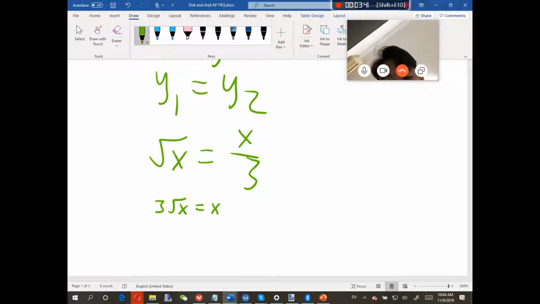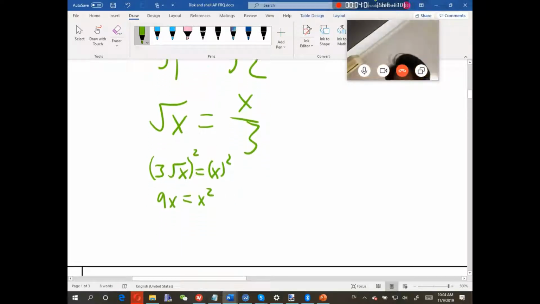So I'm going to square both sides. If I square both sides, what's going to happen? 9x equals x squared. Okay. So in order to solve these, I'm going to move all my x's onto one side. So I've got x squared minus 9x equals 0.